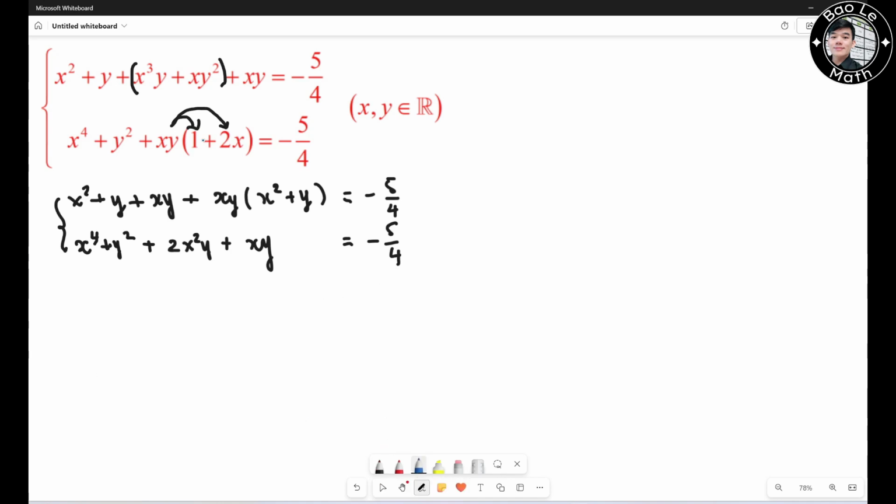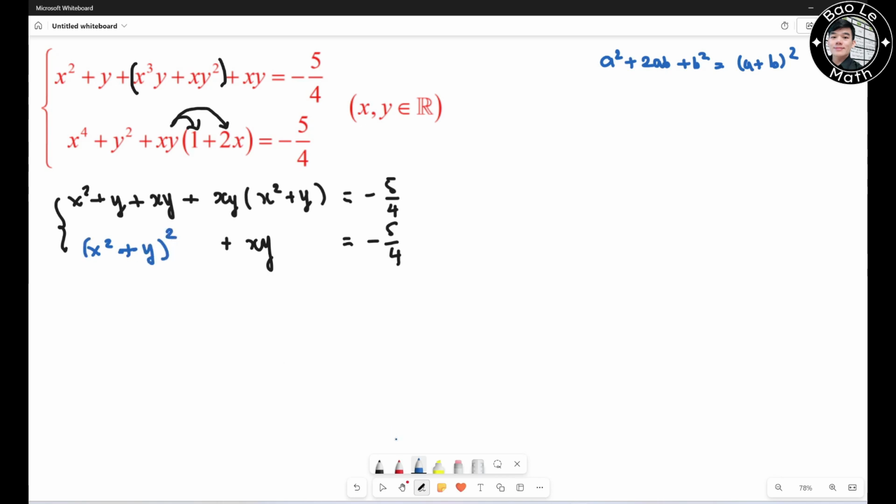Alright, next one, observe that the first three terms right here, this is a complete square. So a complete square is going to be a squared plus 2ab plus b squared equals a plus b altogether squared. So this guy turns out to be x squared plus y altogether squared.